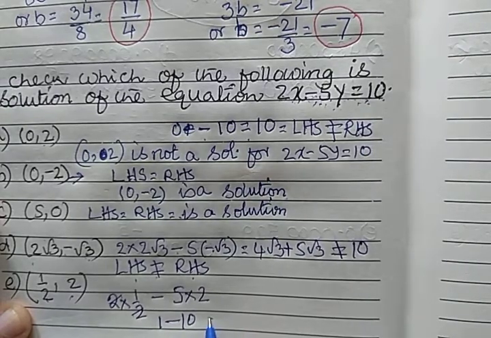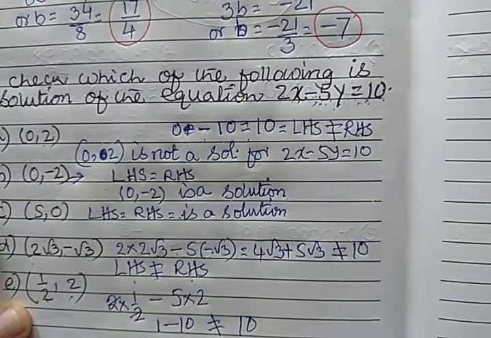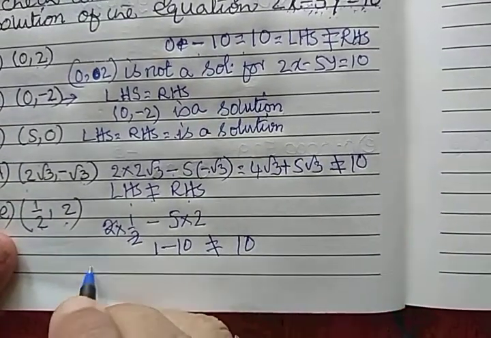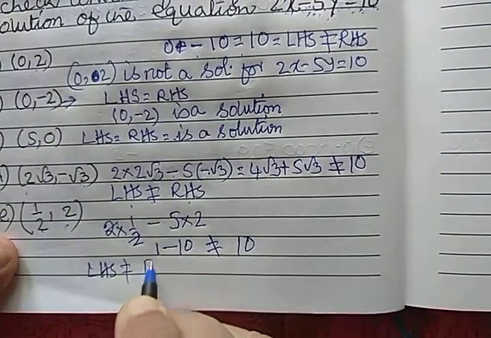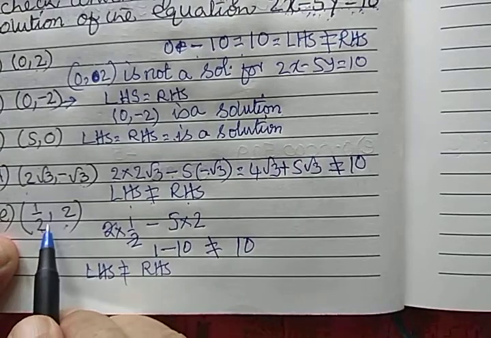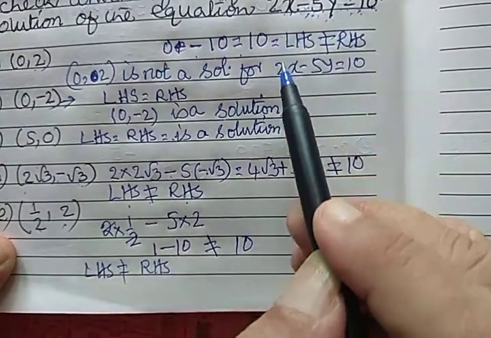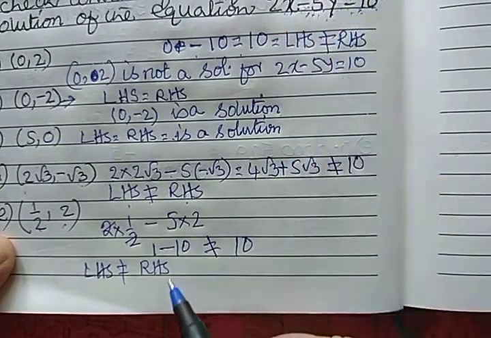Is it equal to 10? No. So your LHS is not equal to RHS. So (1/2, 2) is not a solution of the given equation 2x - 5y = 10.